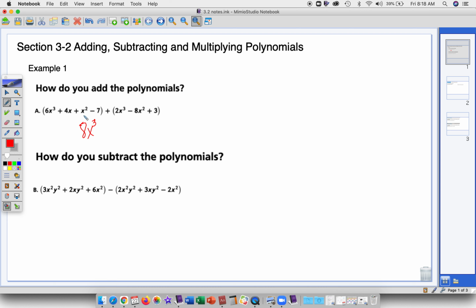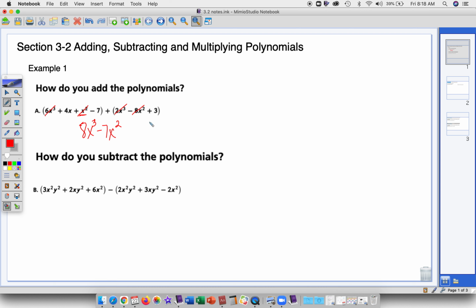So next I'm looking for if I have any x squared terms. I have x squared and I have minus 8x squared. So that gives me a negative 7x squared. And one thing you might want to do is sometimes cross these out so you know that you're done with them. Next, I'm looking for my linear term, which is the x to the first power.